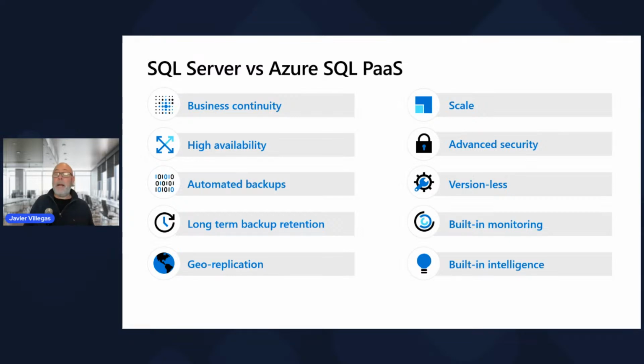Versionless. And again, this is an interesting concept for Azure SQL. In the SQL Server environment, we have major versions, right? We say 2016, 17, 19, 2022. Every time we need to migrate from one version to the other, we have to plan it properly.